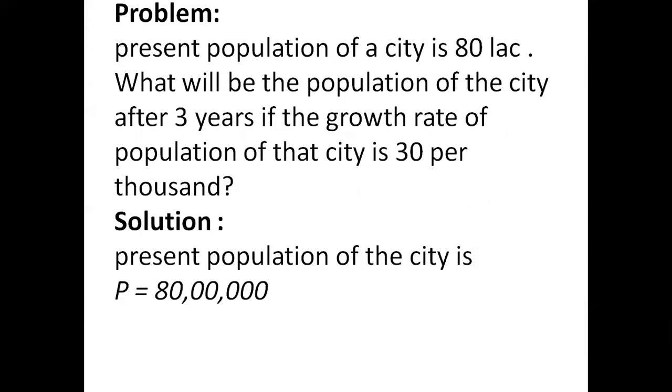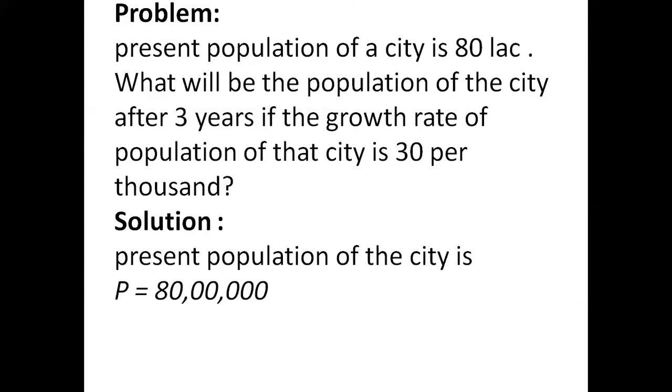Then another problem. Present population of a city is 80 lakh. What will be the population of the city after 3 years if the growth rate of population of the city is 30 per thousand? Here we will use the formula of compound interest practically. So let us start.